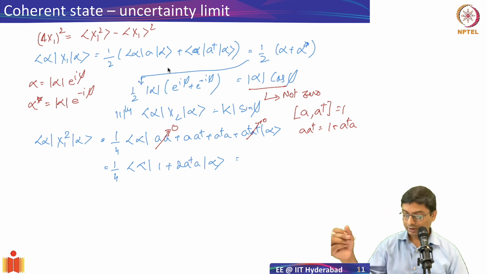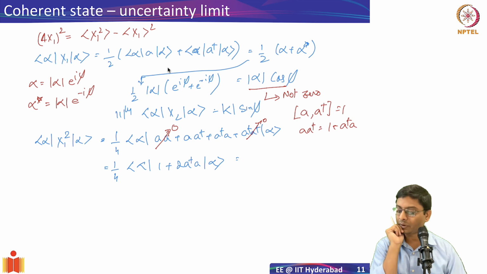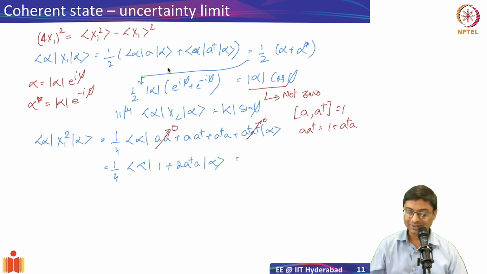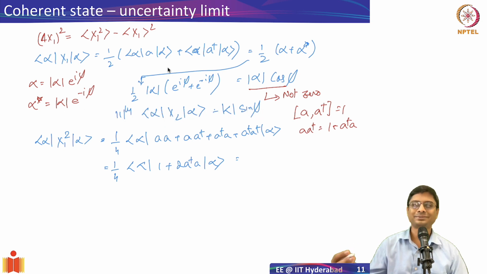Oh, sorry. A dagger acting on alpha will give me what? No, that's a mistake. A dagger acting on this cannot be equal to 0. I was hasty. Okay, sorry. It's alpha square. A acting on alpha will give me alpha again, right? And the second time it acts, A square means alpha square.